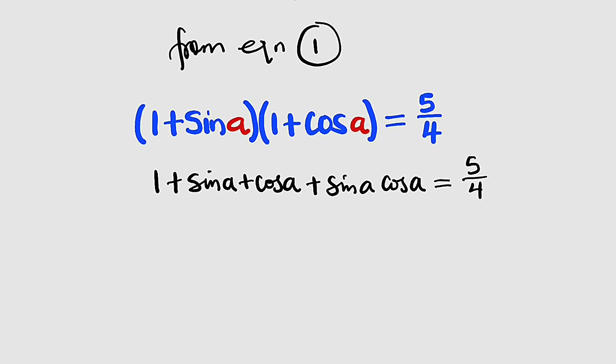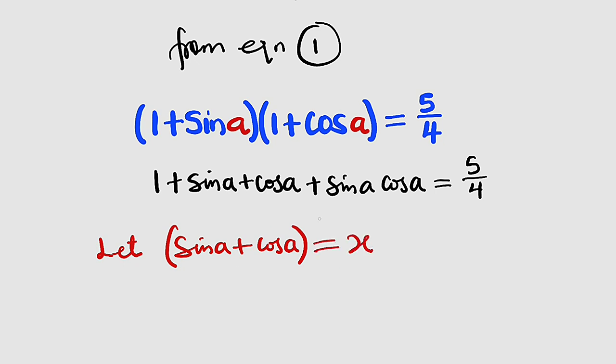All right, let us make a kind of substitution here. Let the whole of this, sin A plus cos A, be equal to x. So what if we expand both sides to the power of 2?